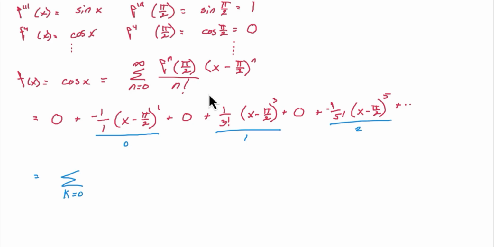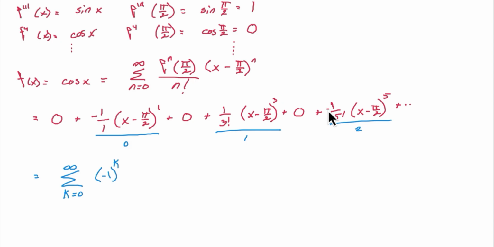So we have k equals 0 to infinity. And now let's see if we can recognize what's happening. Notice that we have negative 1, positive 1, negative 1, and so on in the numerators. Those alternating signs are happening. So we know we've got negative 1 to the k this time. We're no longer dealing with n's.